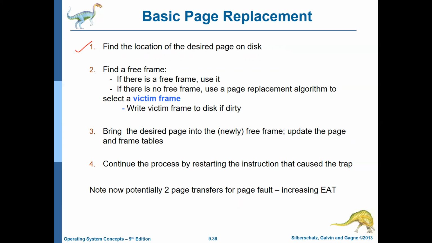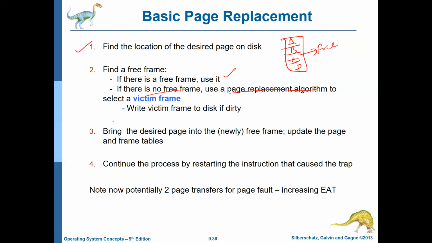If you find a free frame, then naturally you can just use it. That is the first option. Now, suppose there is no free frame, then use a page replacement algorithm. That is what we are going to learn in the next lecture.